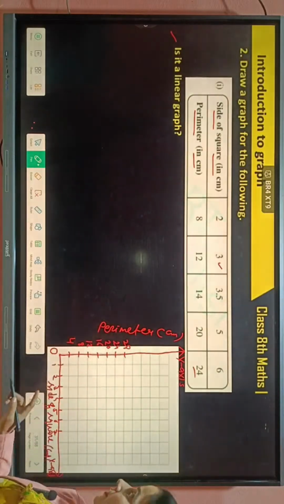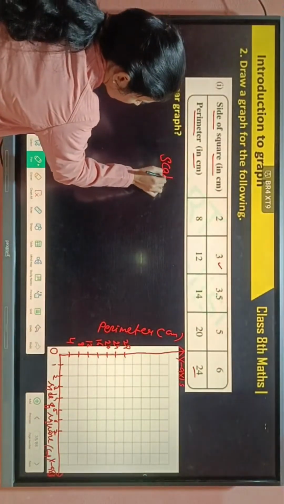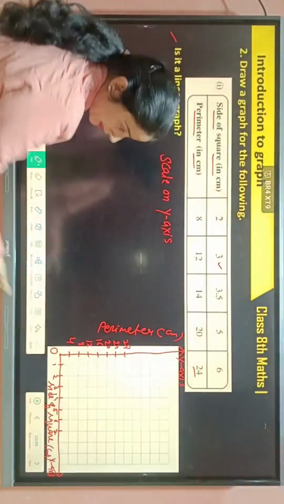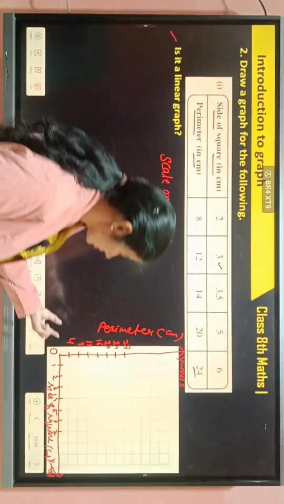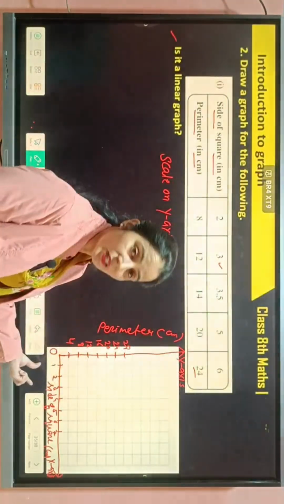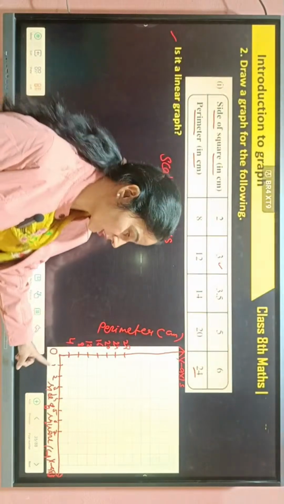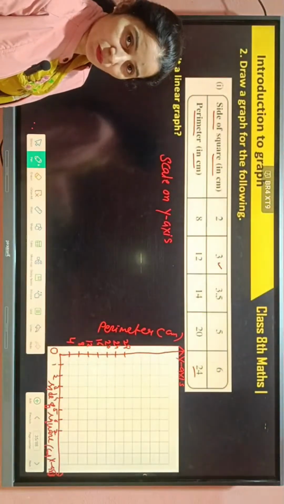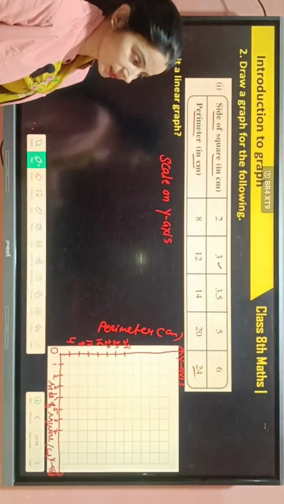Let us define the scale at first. Scale on x-axis: you can see this 1 unit is equal to 1 centimeter. And 10 divisions equal 1 centimeter, so 1 division will represent 0.1 centimeter.